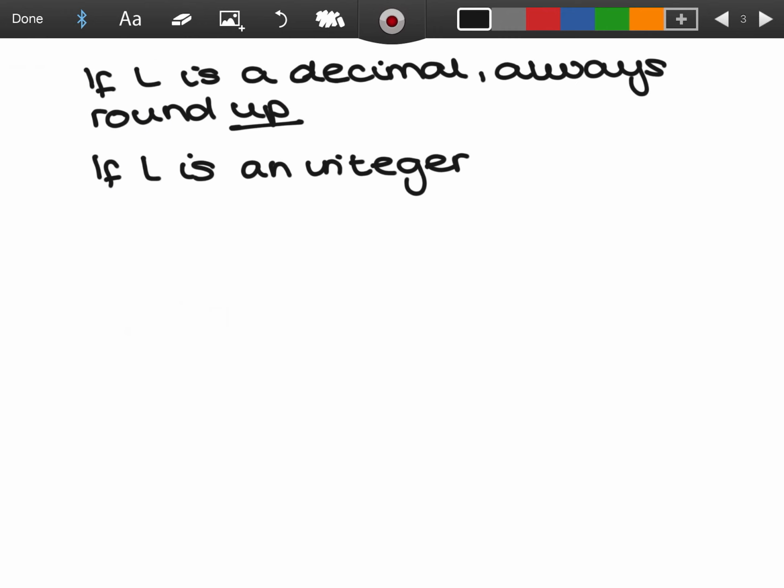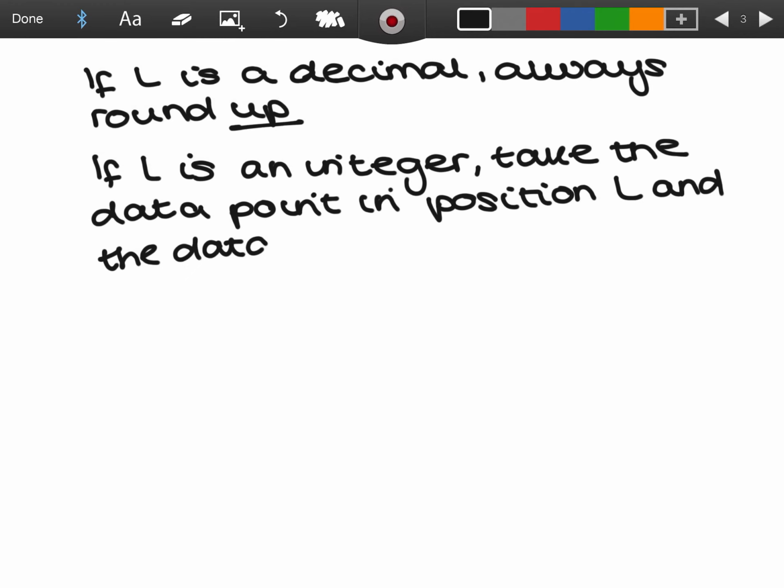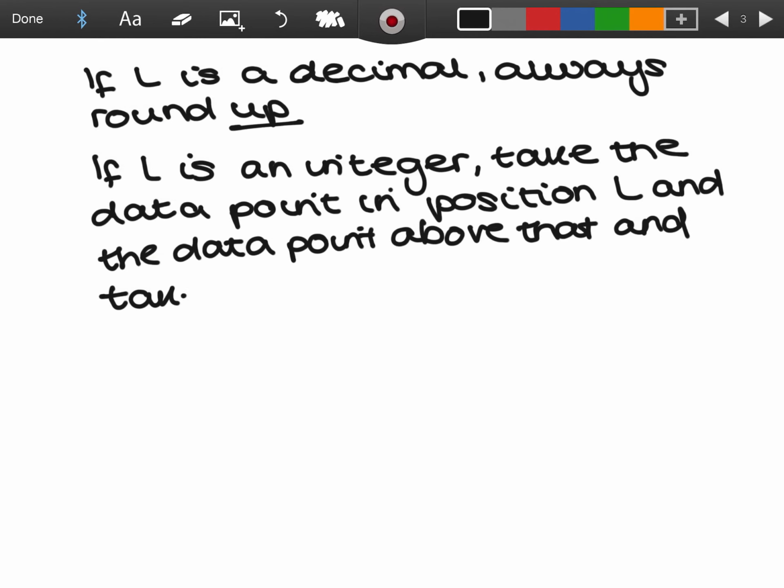So if L is an integer, take the data point in position L and the data point in the next position, the L plus 1 position. So take the data point in position L and the data point above that and take their average to find the pth percentile.